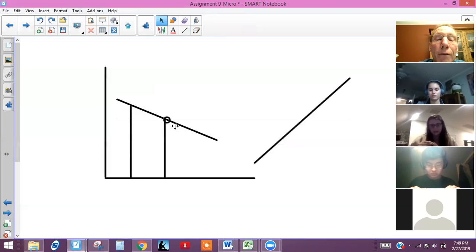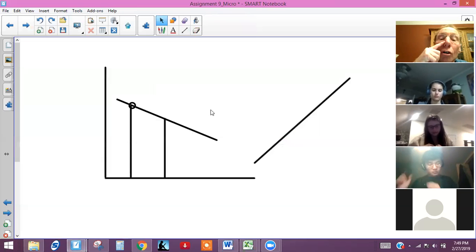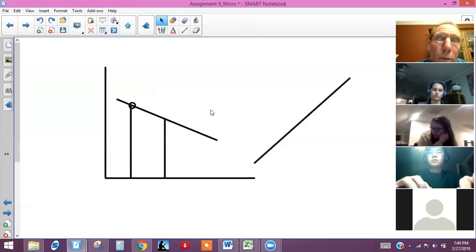So if it's elastic and you go up in price, your total revenue goes down. You know it's going to be elastic if, as you increase price, you lose total revenue, okay?